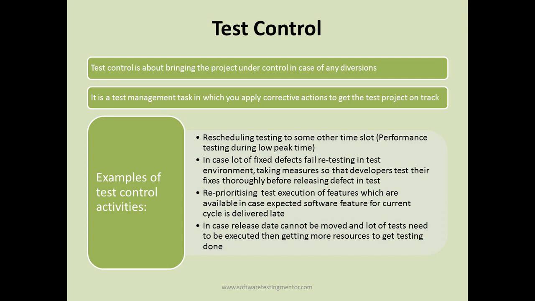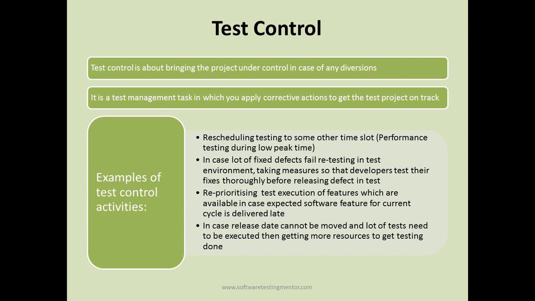Then suppose there was a module that was expected to be released today, but somehow that module has been delayed, and module XYZ has been successfully developed and is ready to be delivered today. So reprioritizing test execution: suppose the test team was supposed to start execution of module A today, but module A has been delayed.